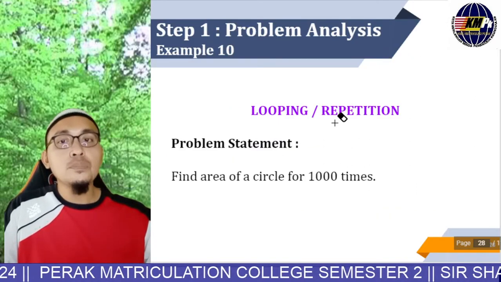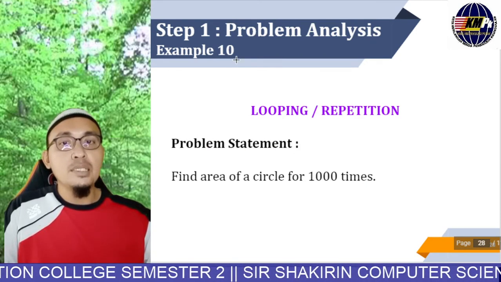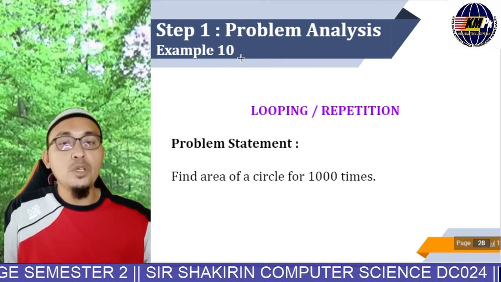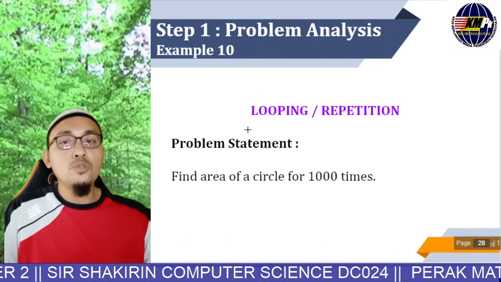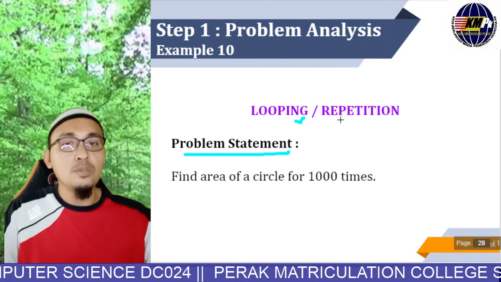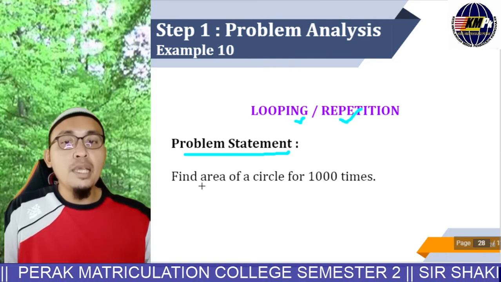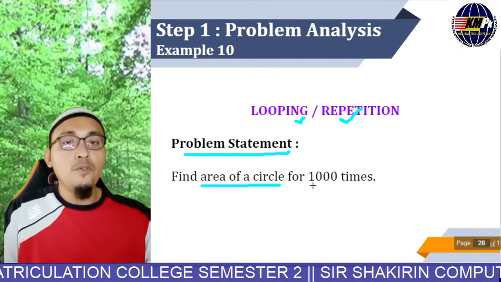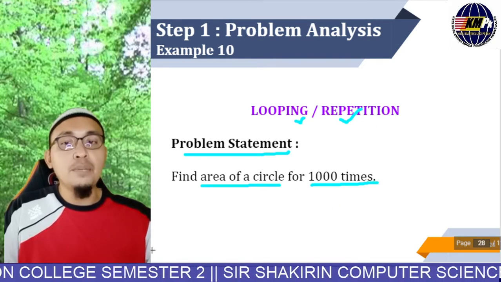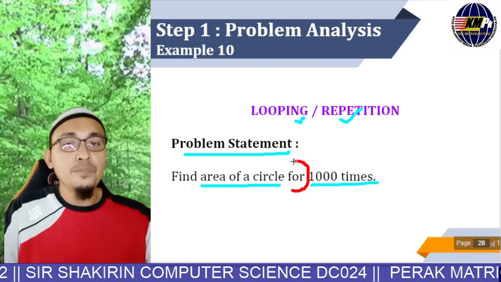Okay. Let's look at our first example here, example number 10. You can refer to your notes. We look at the problem statement for the looping, or the other name is repetition. Find area of circle for 1000 times. Focus on the word "for" here.